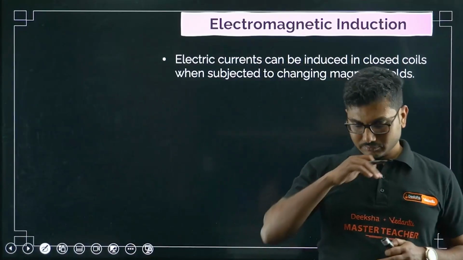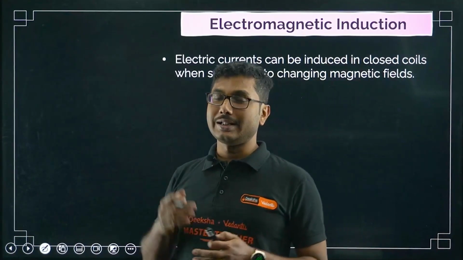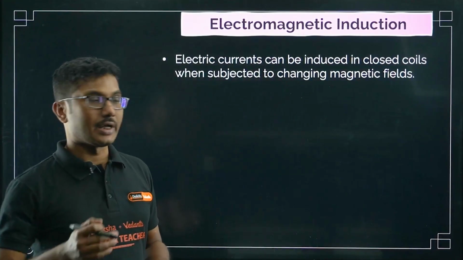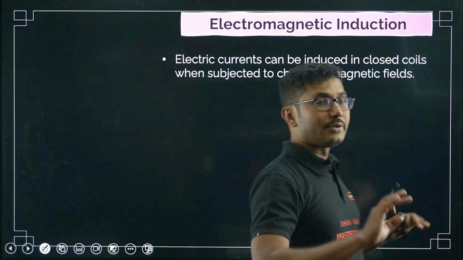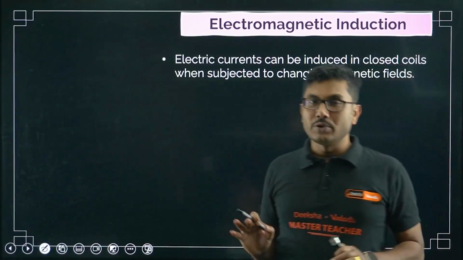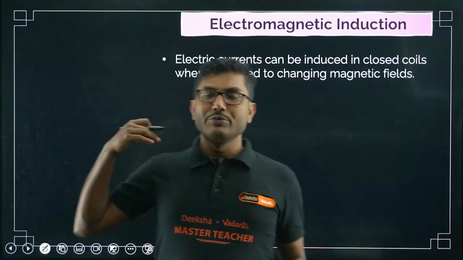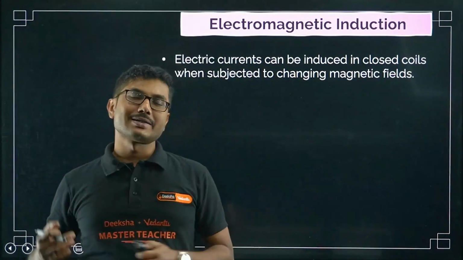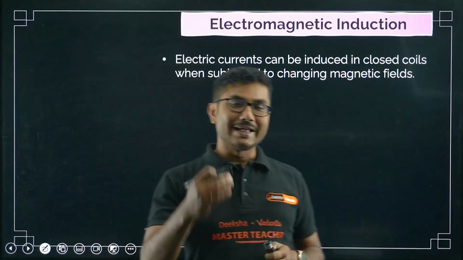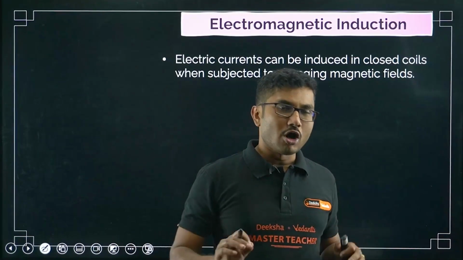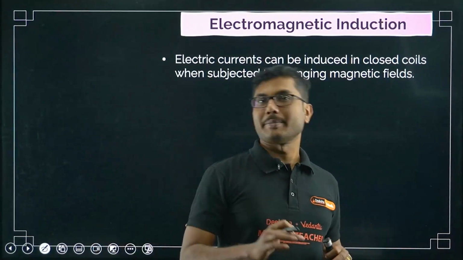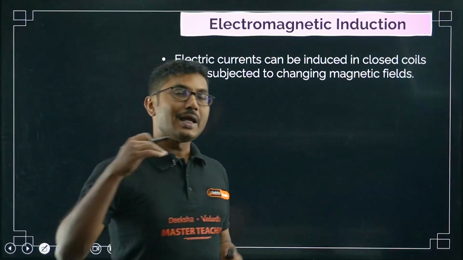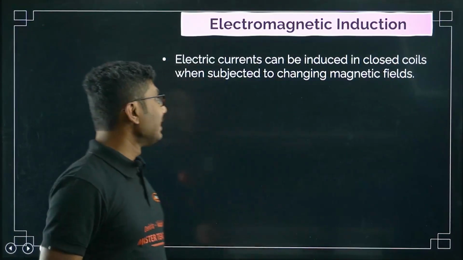That current is called induced current, because normally if you leave the coil as it is, there will be no current. But if you change the magnetic flux associated, changing magnetic flux is very important. Only adding extra magnetic flux will not work. You have to keep on changing the magnetic flux, then only it can produce current, right?